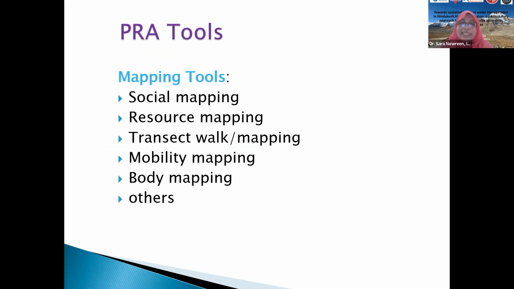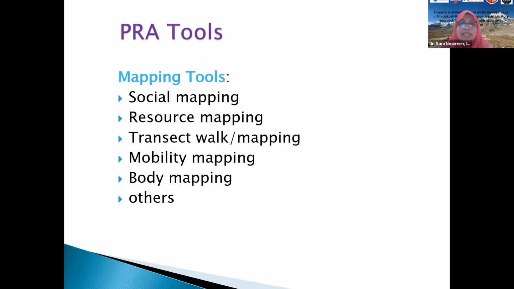They are self-explanatory, but I will go one by one with a few examples, because we want to go to the exercise. When you are interested in PRA tools, it is not about just doing some exams at home. It is all about what you do in the field, on the site, and how you make sure of the participation.